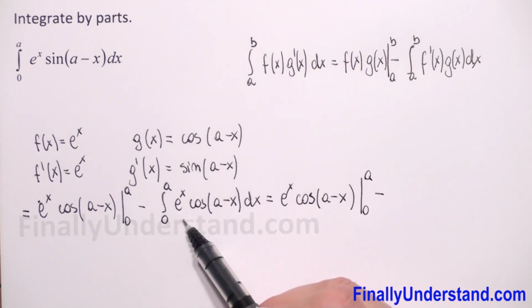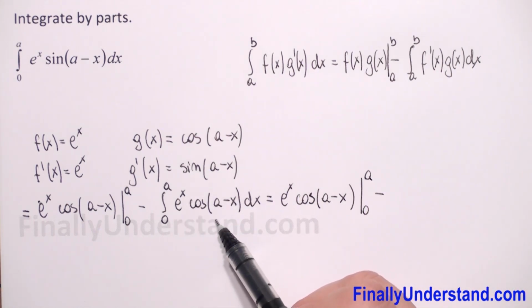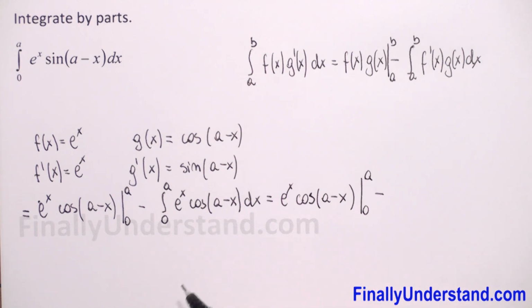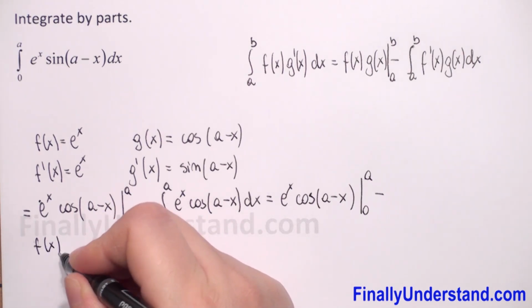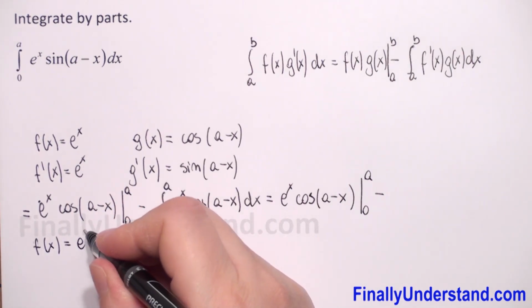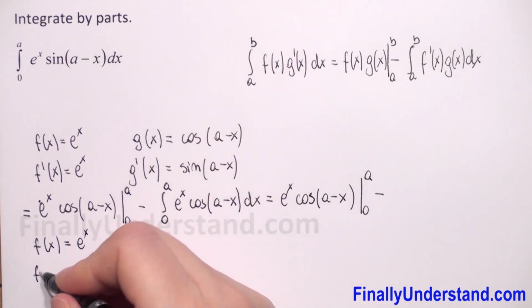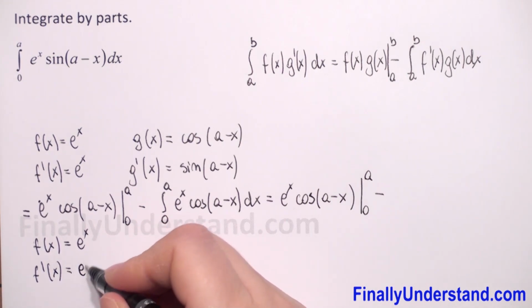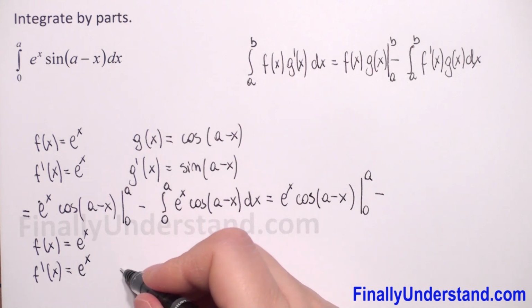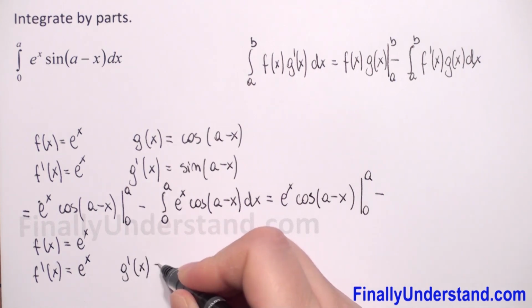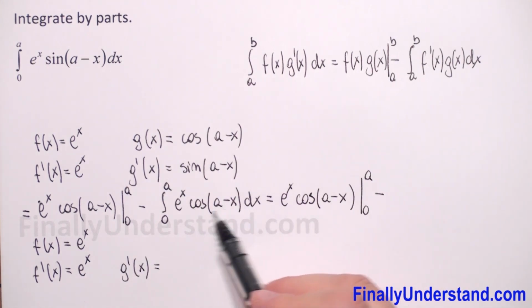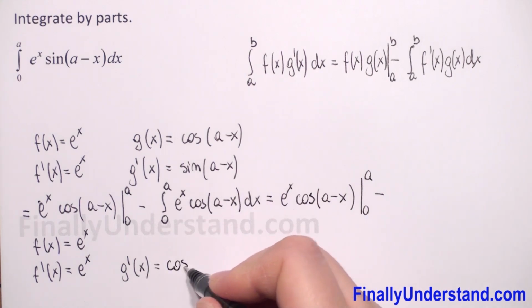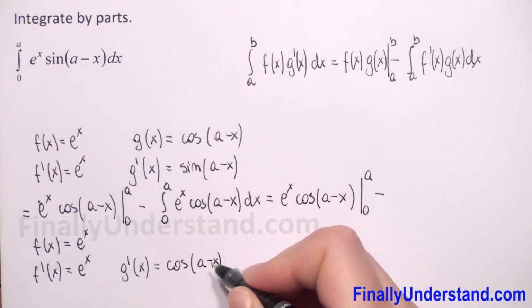To solve this integral, we will use the integration by parts formula one more time. So let me put here that our f of x is equal e to power x. So f prime of x will be equal e to power x, the same. G prime will be whatever is left, cosine of a minus x.